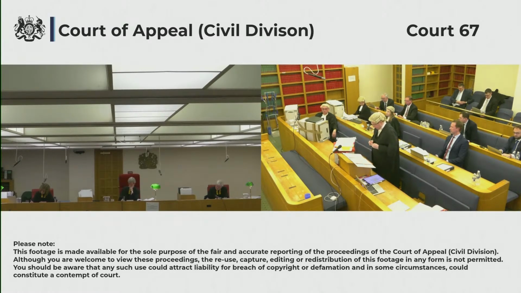6th and final point on this, just trying to draw these threads together. My submission is that the revenue is confusing, on the one hand, the substantive content of section 790 construed in the light of EU law. So what credits is a taxpayer entitled to, and therefore how much tax is the UK entitled to charge? That's one thing.